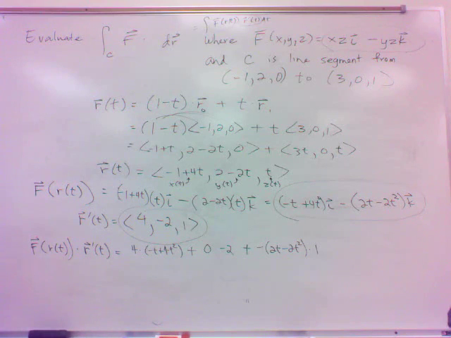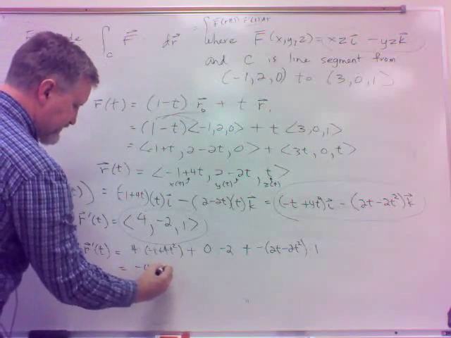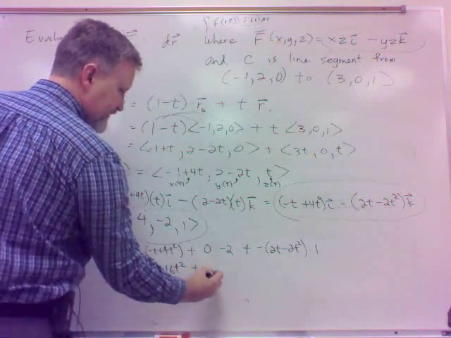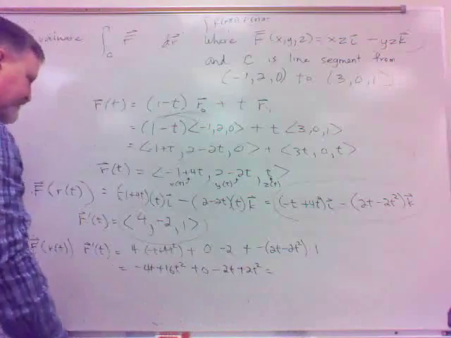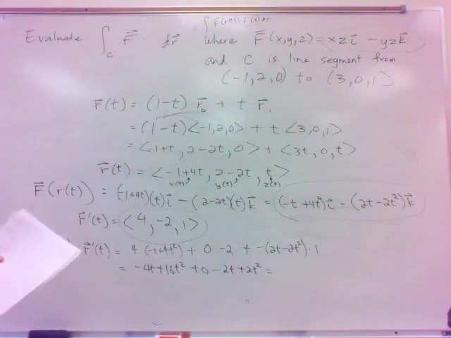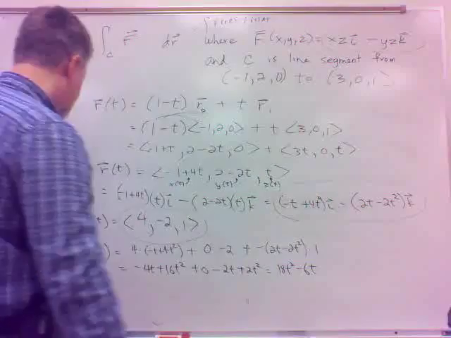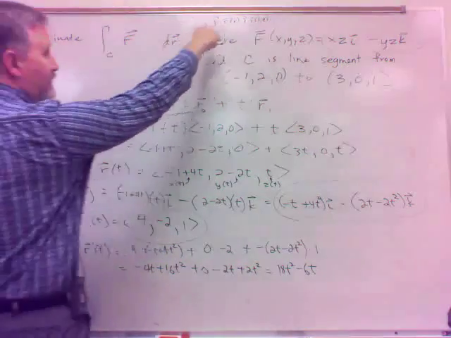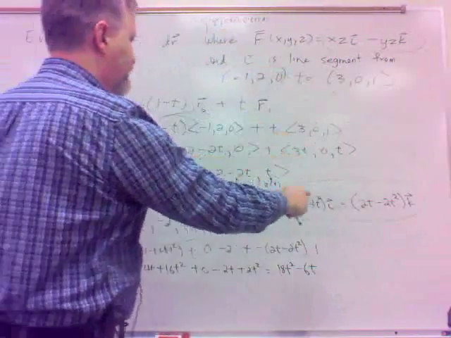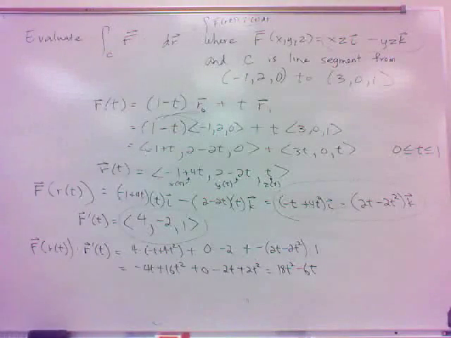It's just a scalar. Negative 4t plus 16t squared, that's 0, minus 2t plus 2t squared. So the dot product is 18t squared minus 6t. That's what we're going to integrate. And r of t comes nice and neat because it's just from 0 to 1.